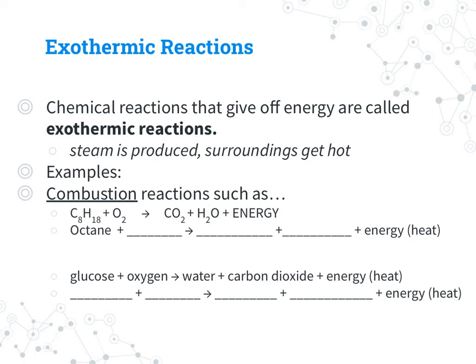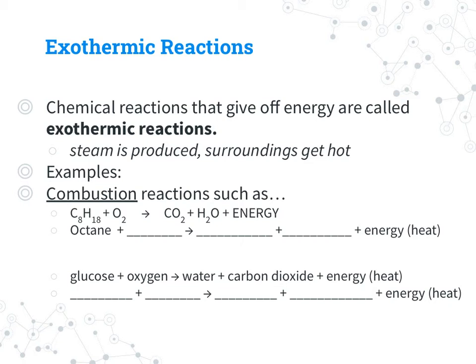So I have this reaction here, and it is in its chemical formulas, and we're going to write it out with its chemical names. So C8H18 is octane. That's one you might not have known.